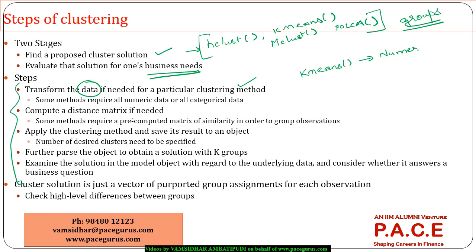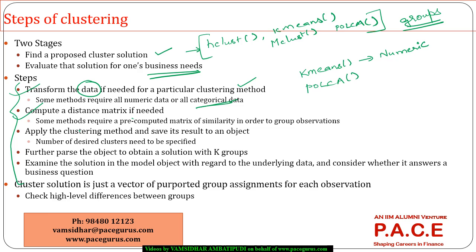If the data is non-numeric, I cannot use k-means clustering. Similarly, the POLCA algorithm only requires categorical data and cannot work with numeric data at all. So I may have to transform numeric data into categorical, or categorical into numeric, in some form. That's my first step.